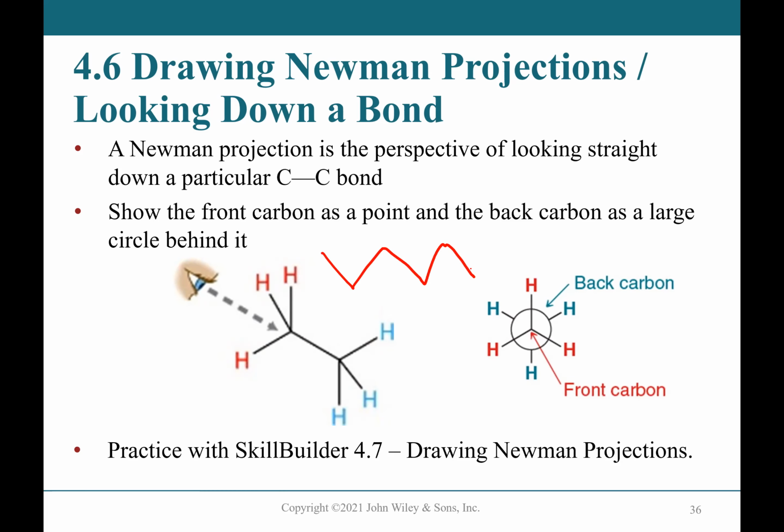In the 6th position, I'm still going to have these blue ones, but I'm going to start designating A. We'll call this one B, this one C, this one D, this one E, and this one F. Let's start labeling them where they come. This HA, this is your back carbon right here.